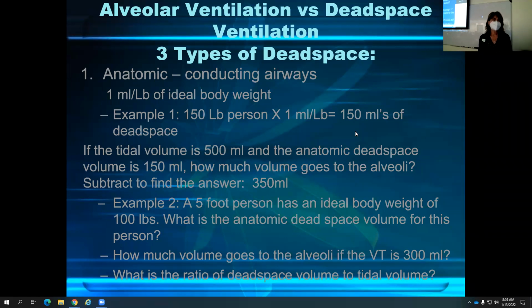The first type of dead space is called anatomic dead space, and this refers to all of the conducting airways. It's called dead space because there's no contact with the blood. So the conducting airways are considered dead space.